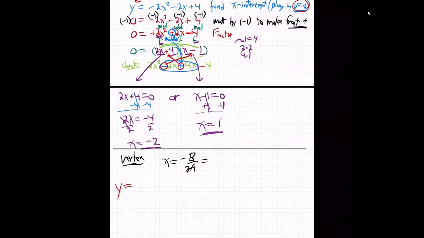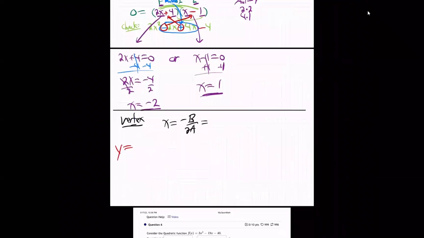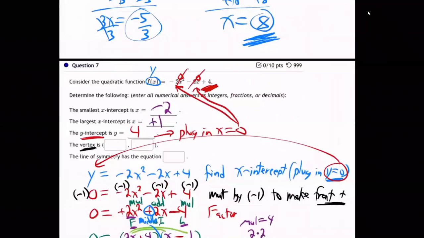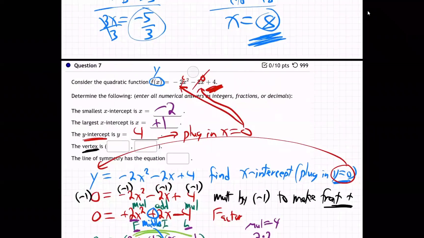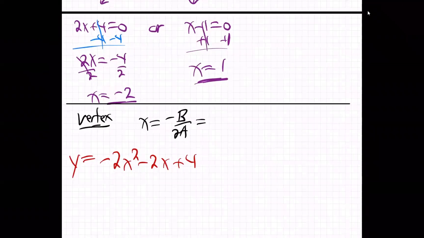It's y equals -2x squared minus 2x plus 4, right? So anyway, what are a, b, and c? Well, a is -2, b is -2, and c is 4.